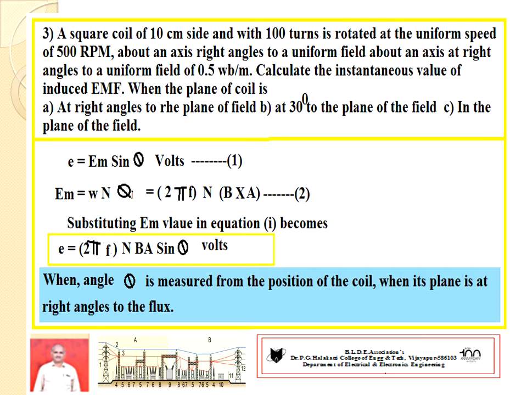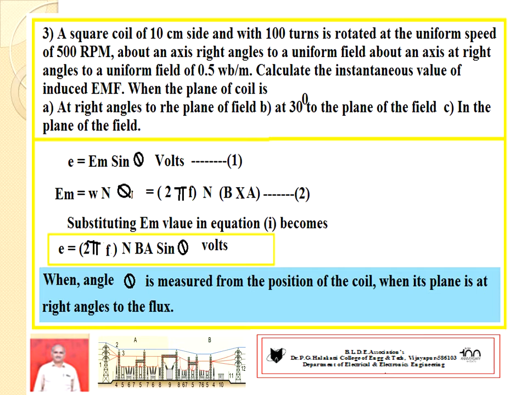So this problem is based on the derivation of the EMF expression. In general, we already know instantaneous EMF equal to Em sin theta volts. In the derivation, it is observed that the maximum value Em equal to omega N phi.